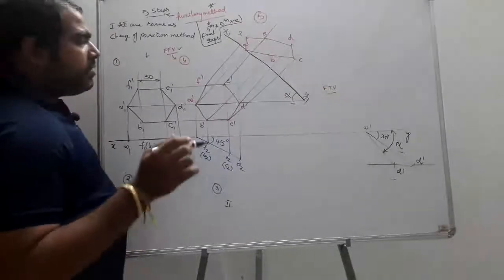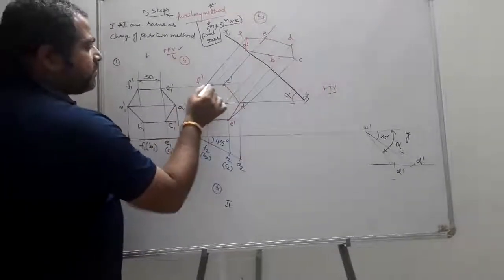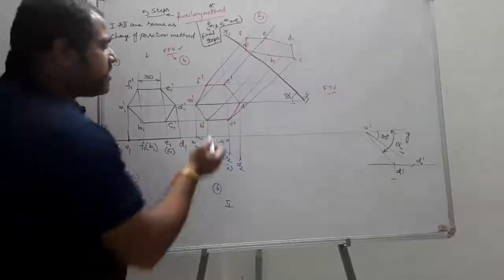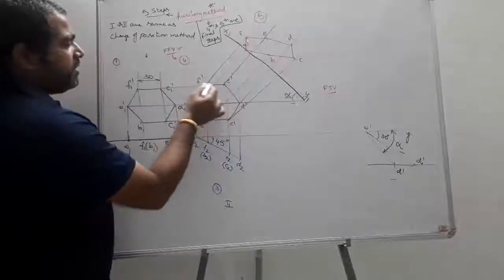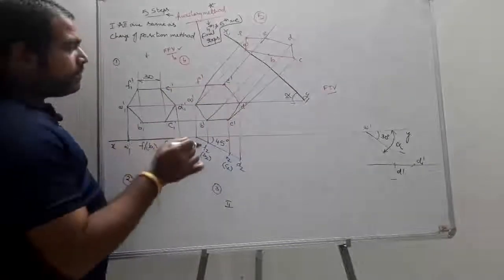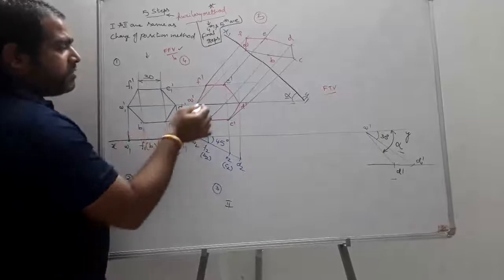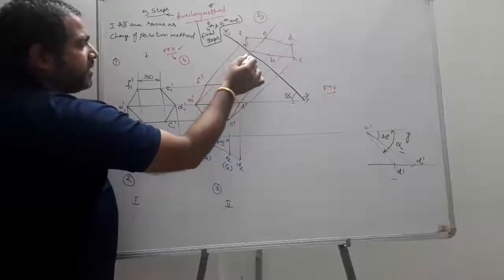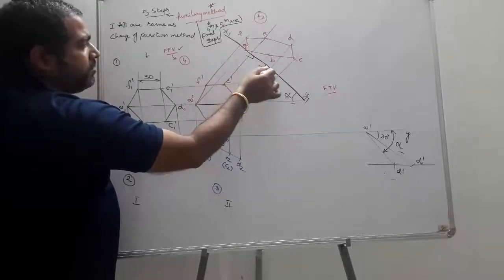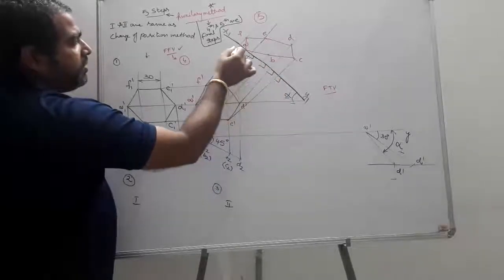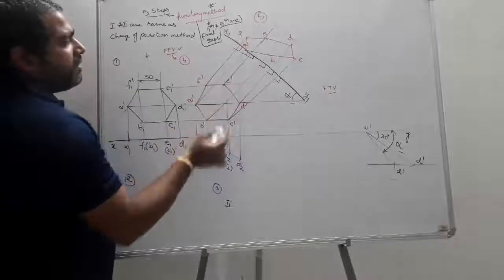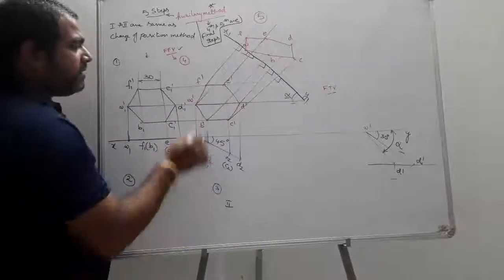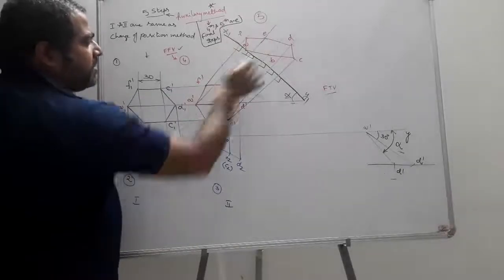Now draw the perpendicular projectors from all the points to the new reference line. What are all the points? Nothing but your 4th step. So here it is your final front view. From the final front view, draw the vertical projectors perpendicular to the new reference line x1 y1, and extend these lines.